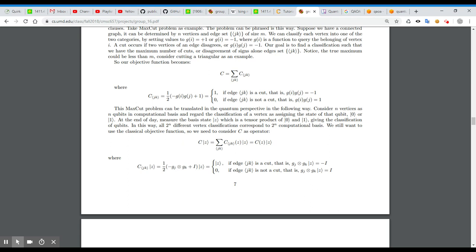Consider n vertices as qubits, where the classification of vertices is given by assigning the state of a qubit 0 or 1. Then you want to use a classical objective function, so you consider C as an operator.